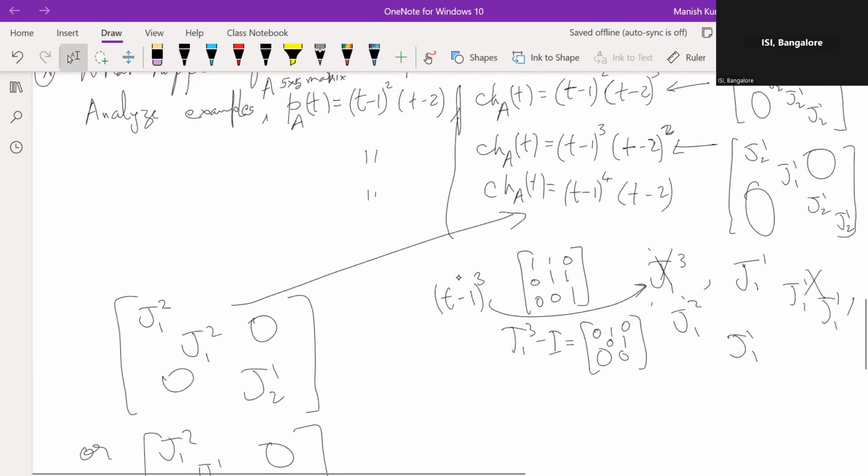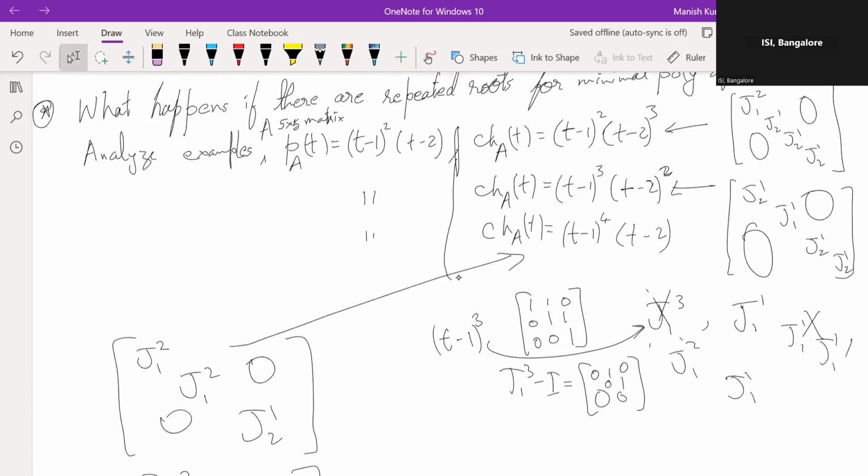So you see, in many cases the minimal polynomial and the characteristic polynomial help you fix the Jordan block, but it need not always be possible. In some situations you need more information from the matrix. Just the minimal polynomial and characteristic polynomial are not enough.